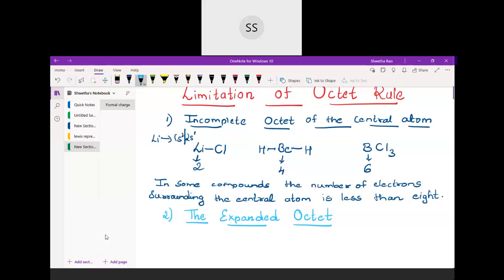For example, if I take PF5 and then SF6, how many electrons are there in this, do you think? If I have to explain PF5, how many electrons does this P have with the fluorine atoms? Total number of electrons I'm asking. P is linked with 5 fluorine atoms.